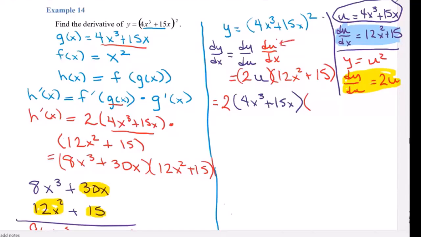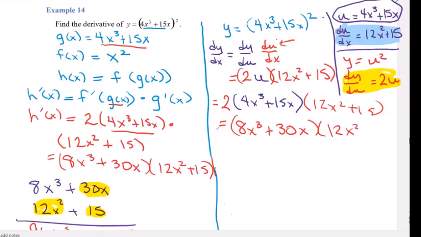And du dx is 12x squared plus 15. This is equal to 8x to the third plus 30x times 12x squared plus 15.